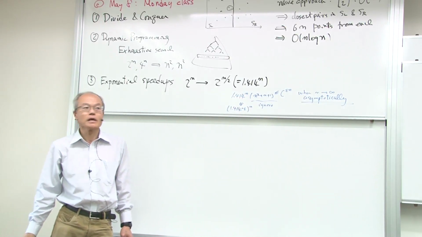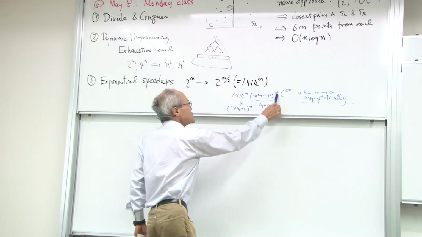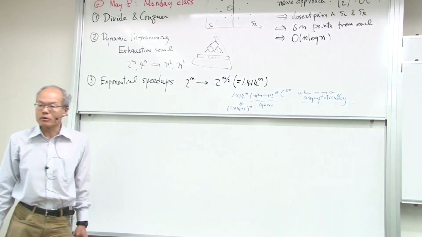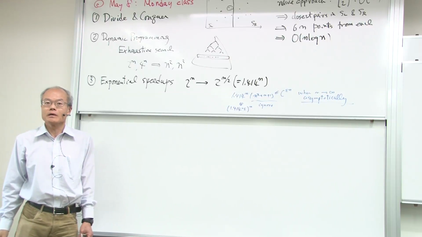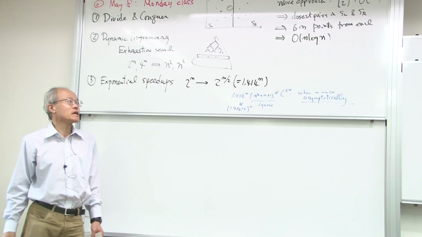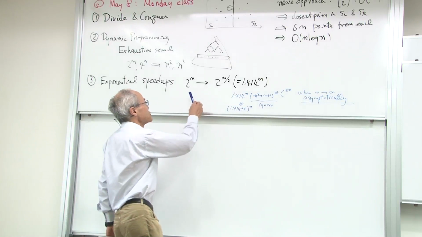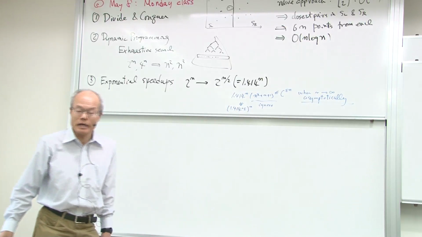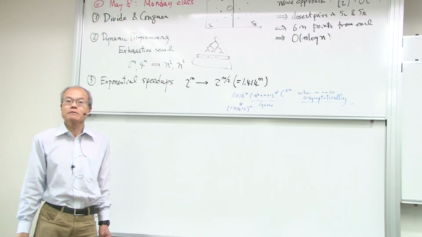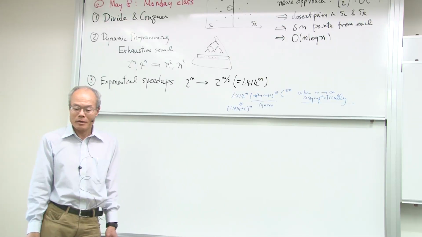So we usually ignore this kind of polynomial coefficient. We just say speed up from 2 to the n to 1.414 to the n, maybe with some polynomial coefficient, but we ignore it. Okay, good.